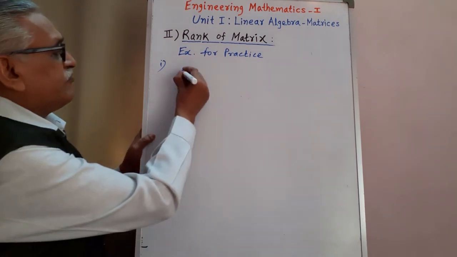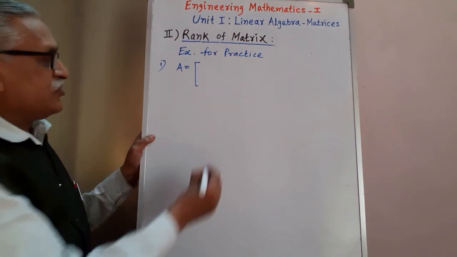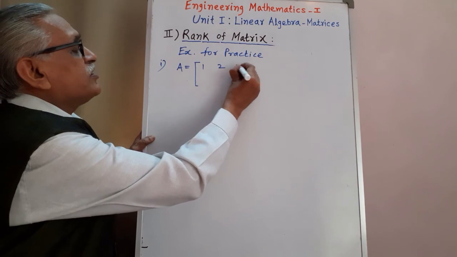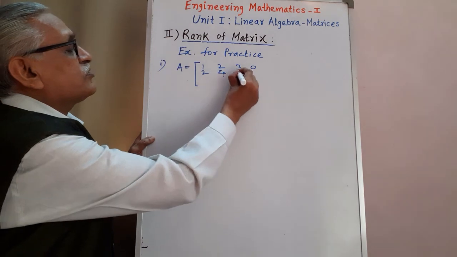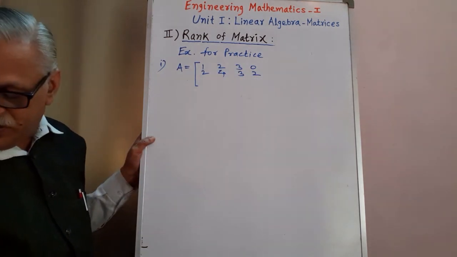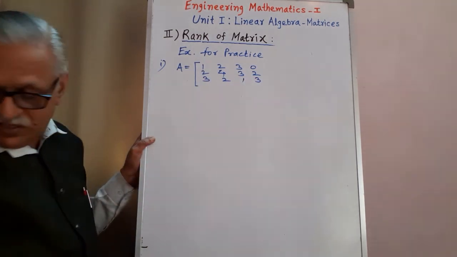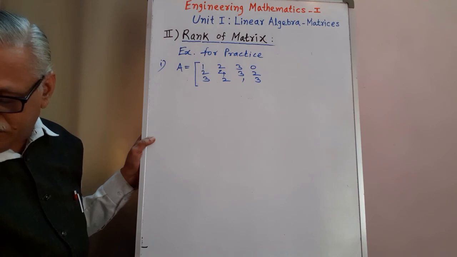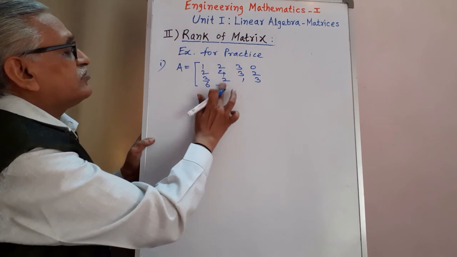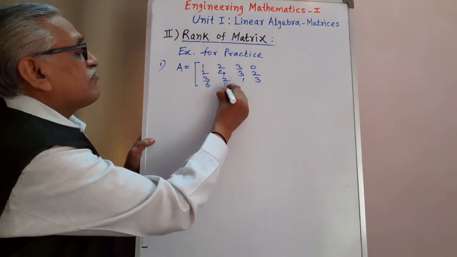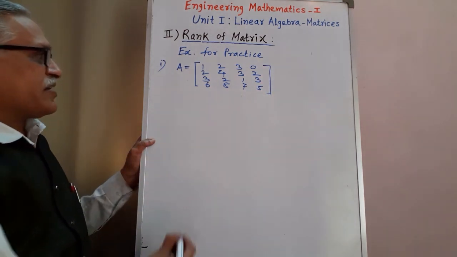Number 1, matrix A is equal to 1, 2, 3, 0, 2, 4, 3, 2, 3, 2, 1, 3, and last 6, 8, 7, 5. Find the rank of this matrix.